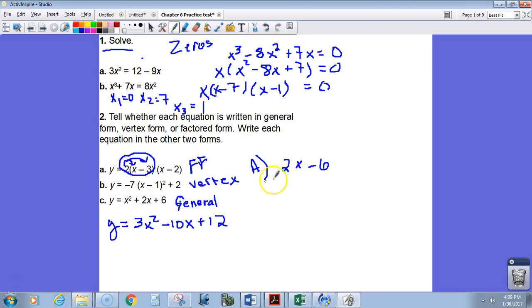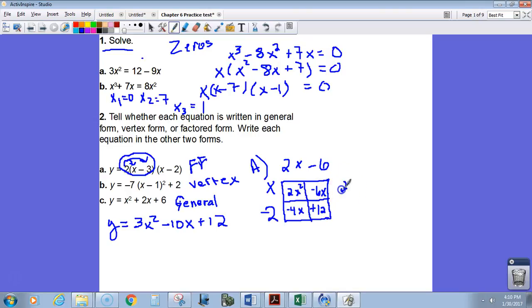Then I'm going to multiply that by x minus 2. And we get 2x squared minus 6x minus 4x plus 12.